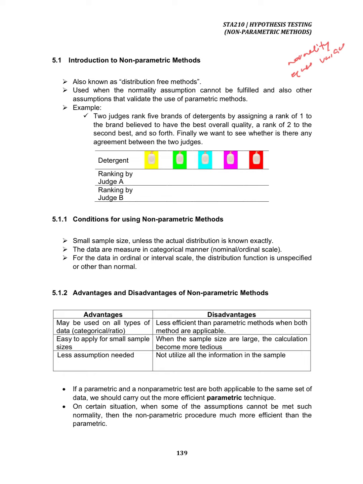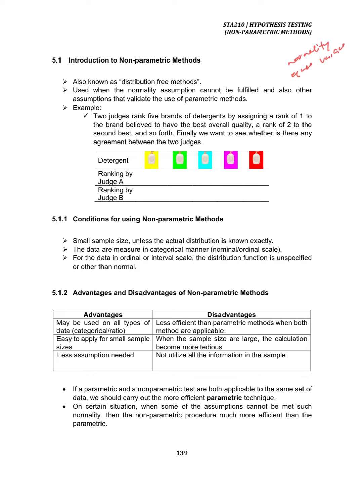For example, two judges rank 5 brands of detergent by assigning a rank of 1 to the brand believed to have the best overall quality, a rank of 2 to the second best, and so forth. Finally, we want to see whether there is any agreement between the two judges.